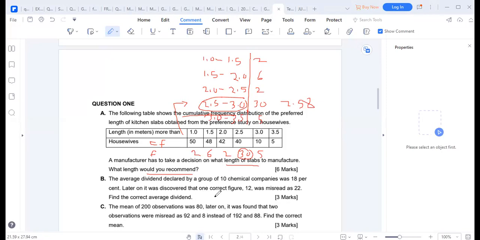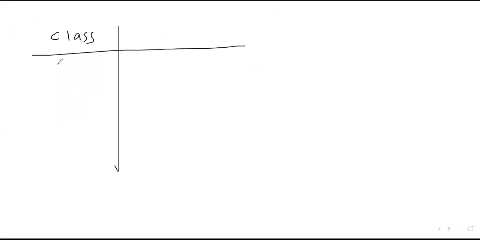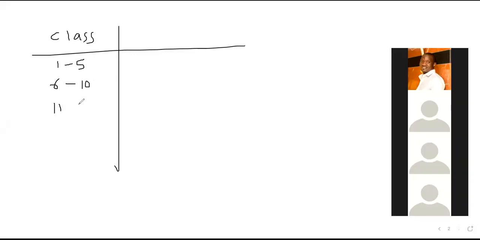Because when you're dealing with a normal class, for instance, you have 1 to 5, and you have 6 to 10, you have 11 to 15, you have 16 to 20.